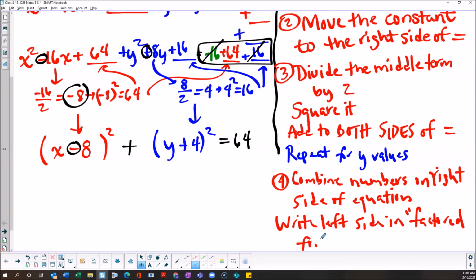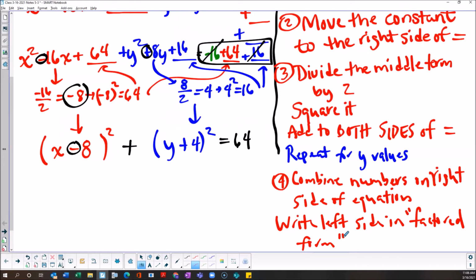I don't know why my handwriting is delayed for a little bit. In factored form, right? So just remember, sometimes students think, oh gosh, now I have to go back and factor the trinomial. You don't have to factor it because we're forcing it to become a perfect square.